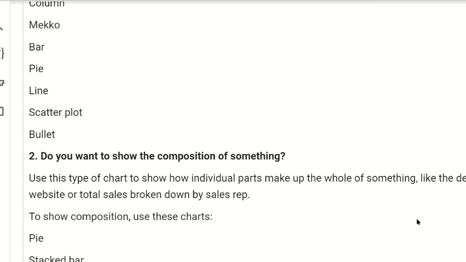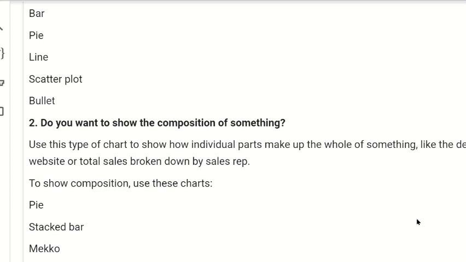Use this type of chart to show how individual parts make up a composition. Composition means, I think you know about the composition meaning? I don't know, that's why I asked.